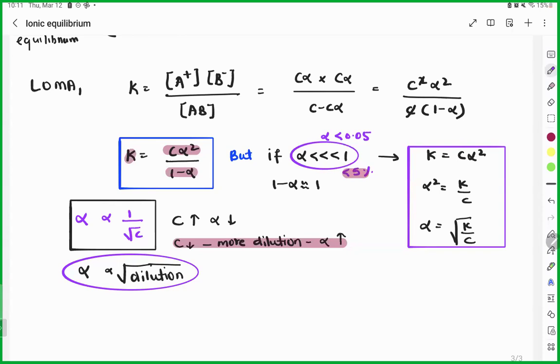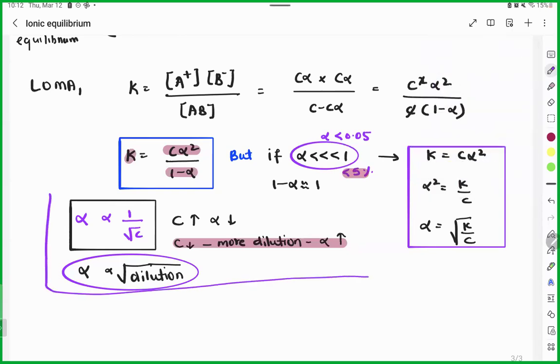So if anybody asks, what is Ostwald dilution law? It's simple. Ostwald was the guy who said that if you dilute any weak electrolyte, then its ionization increases with dilution and ionization decreases with concentration. That is what Ostwald dilution was.